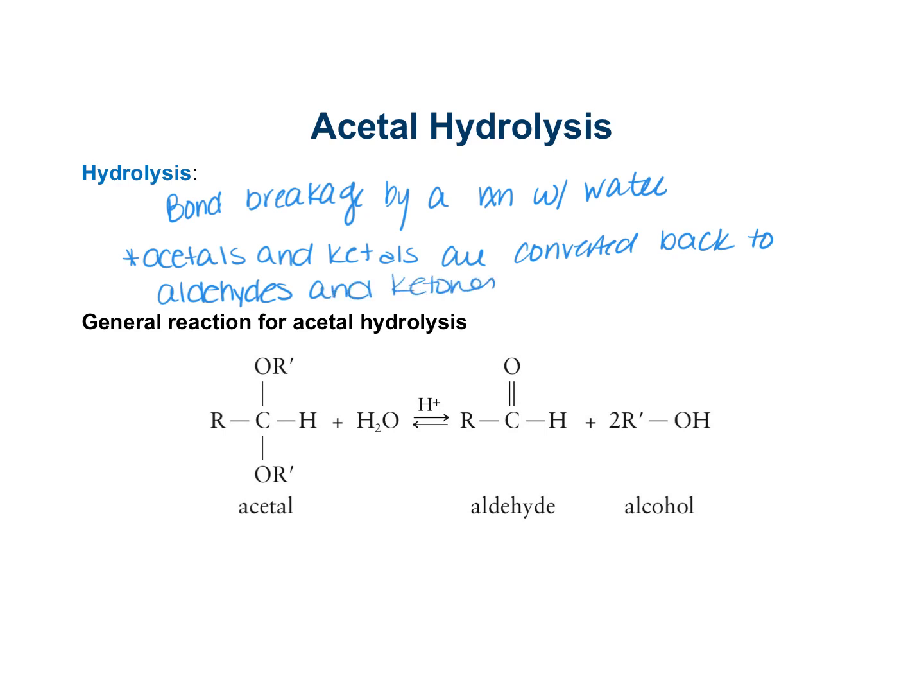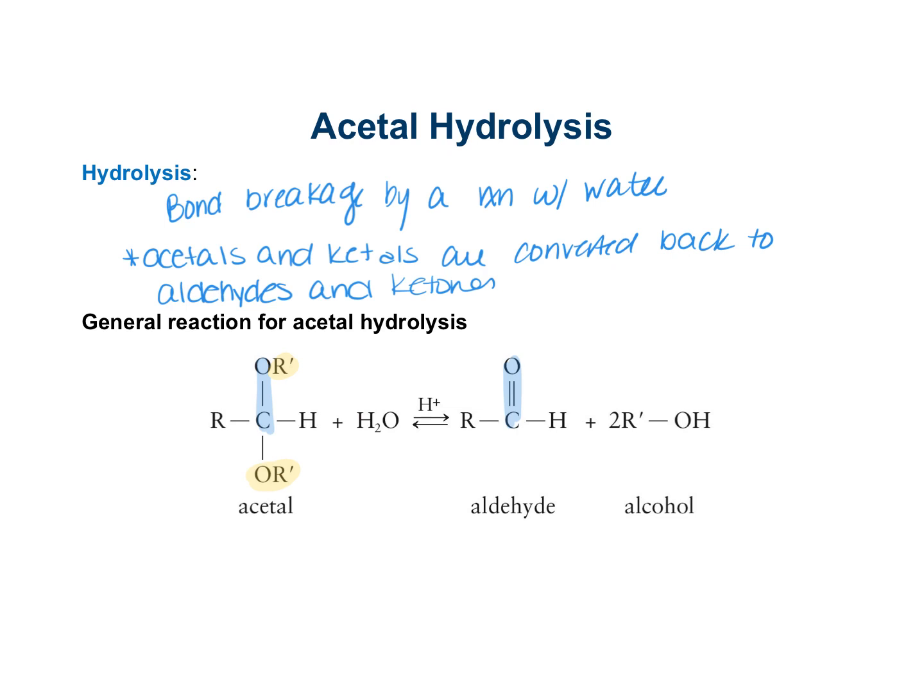And so here's a general reaction for the acetal hydrolysis. You have an acetal here, you add water with a little bit of an acid, right? And what happens here is now we end up back with our double bond here, and we've lost the R group here and the OR group here.